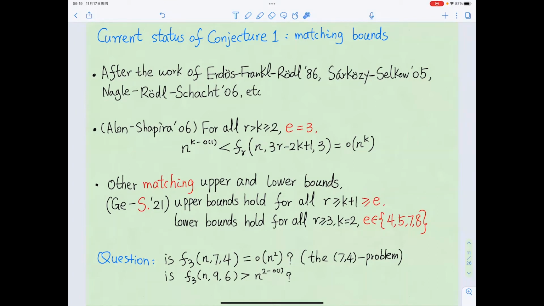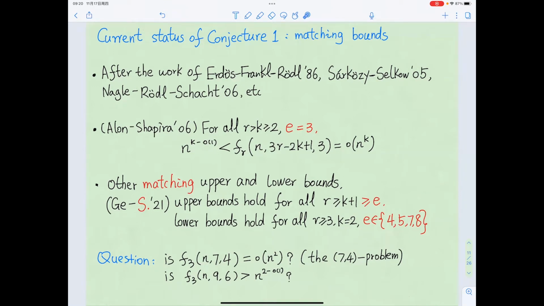First of all, Alon and Shapira show that conjecture 1 is true for e equals 3. So if you only consider the union of 3 edges, then conjecture 1 is true. And more importantly, this is the only case where the upper and lower bounds match. For other cases where e is at least 4, people can only prove either the lower bound or the upper bound of conjecture 1, but not both of them.